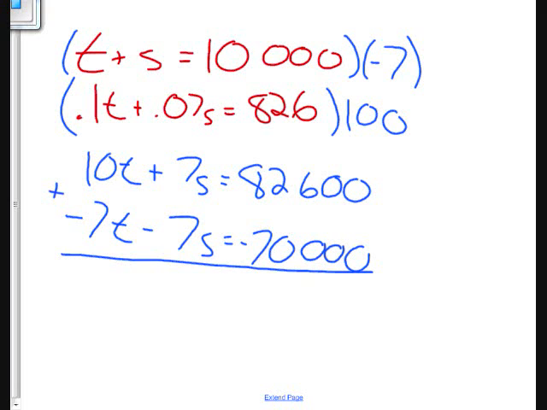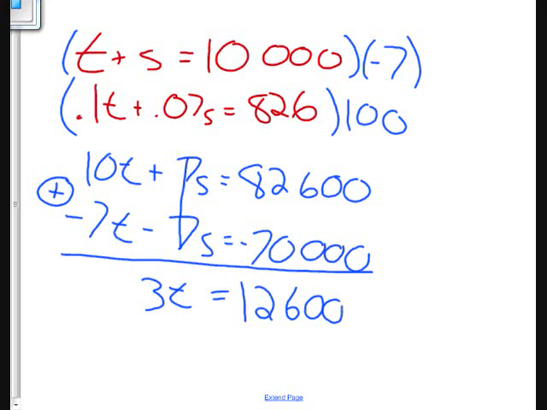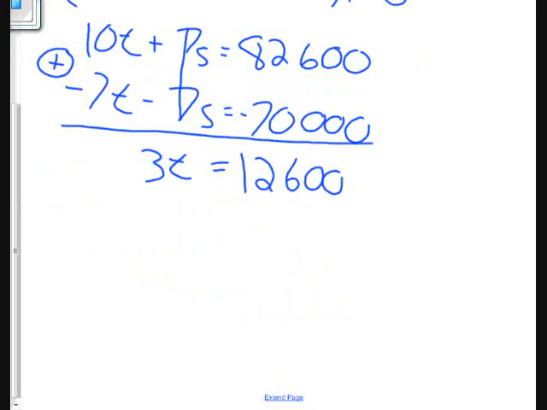And now we're going to want to add these two equations together. The signs are different here, so the 7S terms cancel off and we're left with 3T. What are we left with on the right side? 12,600. Divide by 3, what do we get?